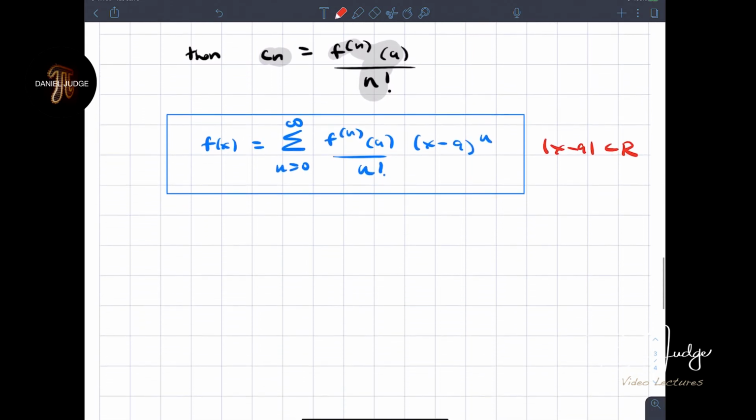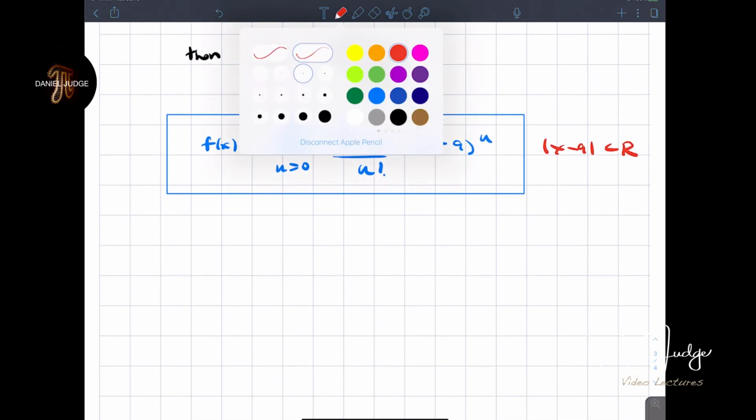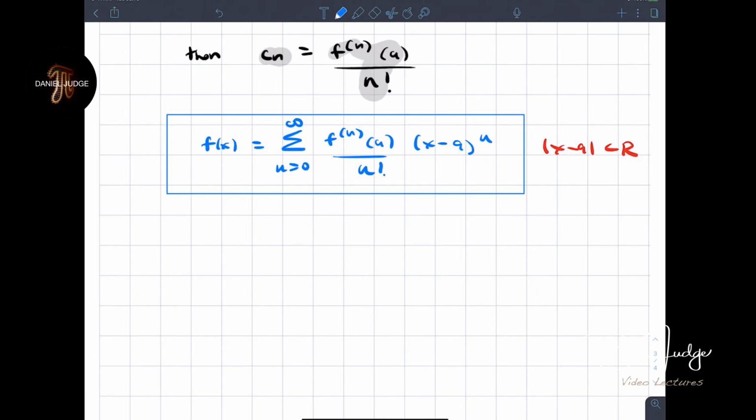Now, what you're looking at here, and if you really look at the details and you said, let me plug in the values n is 0 and so on. What this means is you really have f of 0 plus, well, not 0, I'm jumping ahead. f of a plus f prime a, (x minus a), f double prime a over 2 factorial, (x minus a) squared, and we can continue forever.